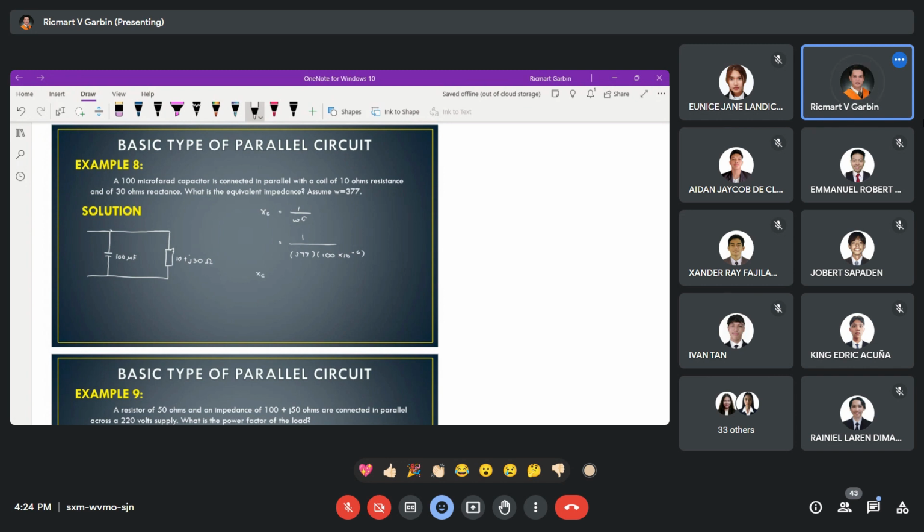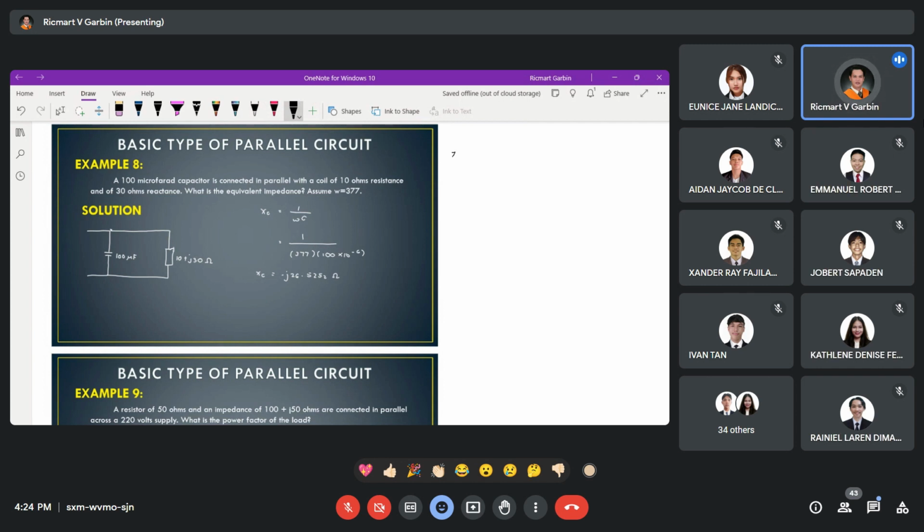So our capacitive reactance is equivalent to negative J 26.5252. So now that we have converted this capacitance into its equivalent capacitive reactance, pwede na tayo mag-proceed dun sa ating Z total.